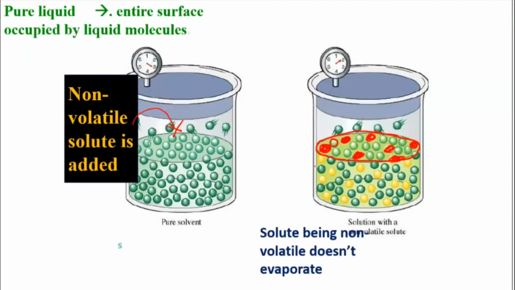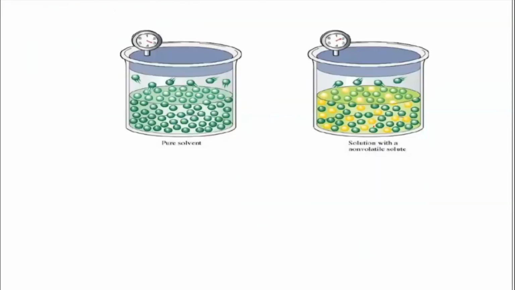So when you're talking about the solution, because of this non-volatile solute, the surface area decreases and the vapor pressure exerted also will decrease. The solvent itself will exert the vapor pressure, but the number of solvent molecules coming will be less. Now I have taken one example.